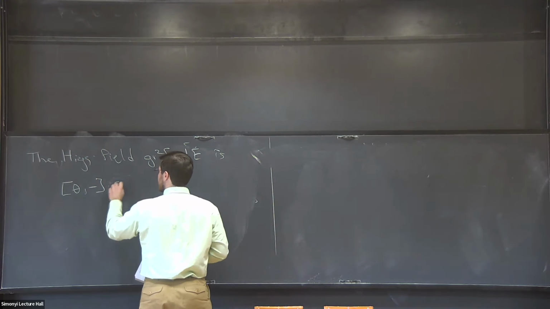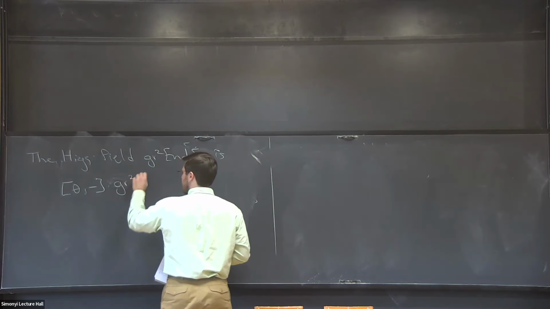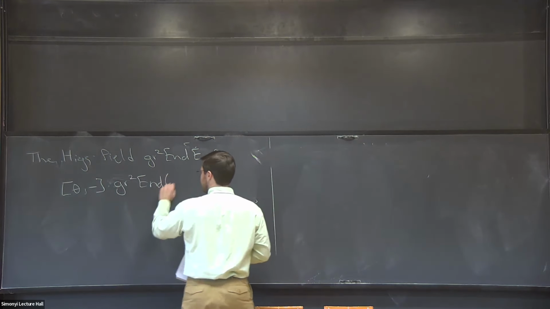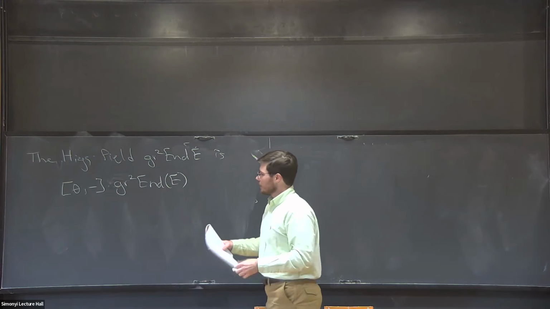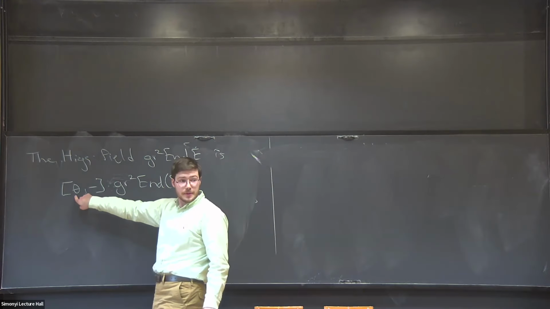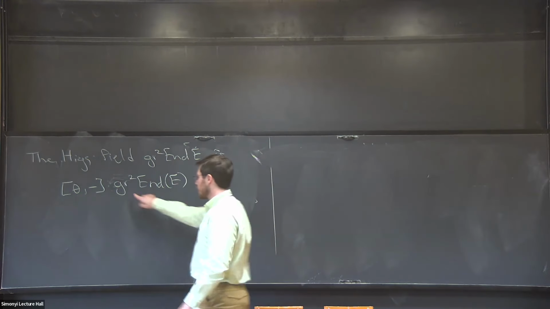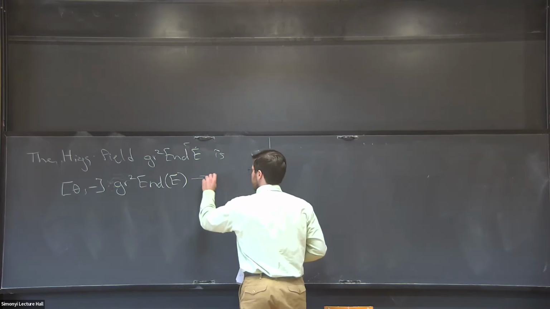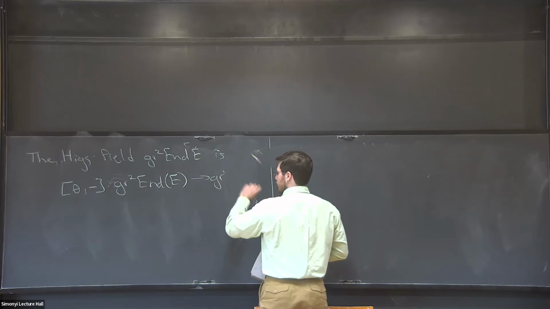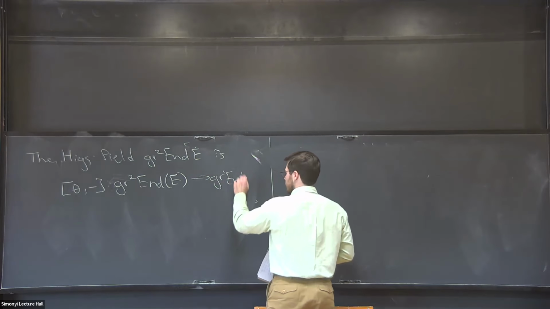If I take an endomorphism that raises the degree of my filtration by 2, and the Higgs field drops the degree by 1, then I'm going to get a 1-form valued in an endomorphism that raises the degree only by 1.